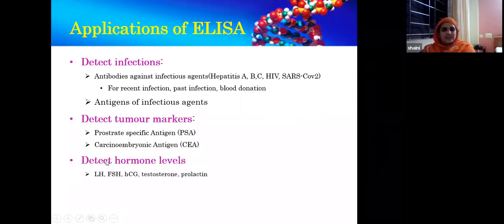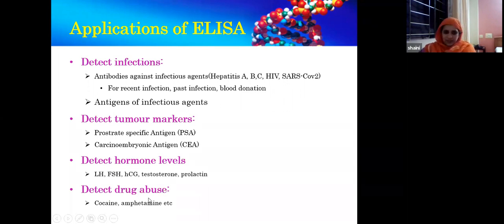Now, hormone tests, most of the hormone tests like thyroid tests, luteinizing hormone, follicle stimulating hormone, testosterone, are also tested by ELISA. Drug abuse also, cocaine, amphetamine. In drug abuse also, the drugs act as antigens, and antibodies against them are given, and you can test for the drug abuse.